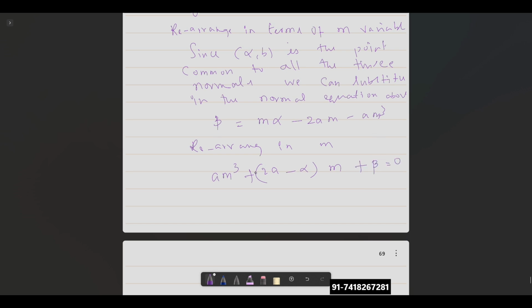So the highest degree is 3, so there will be 3 solutions or roots, whatever it is.